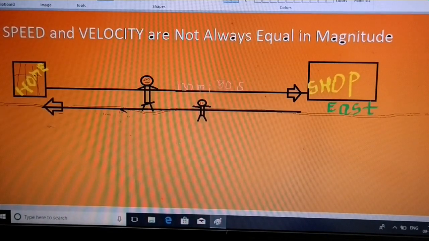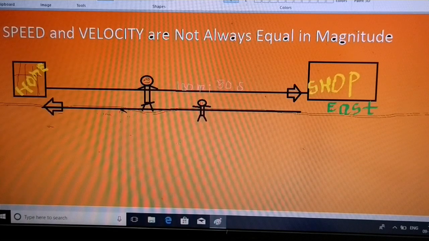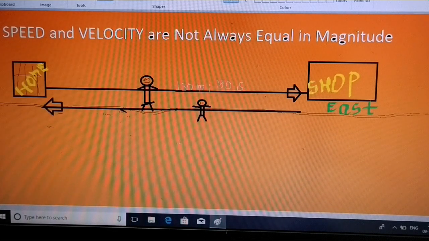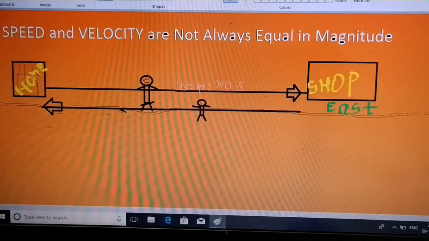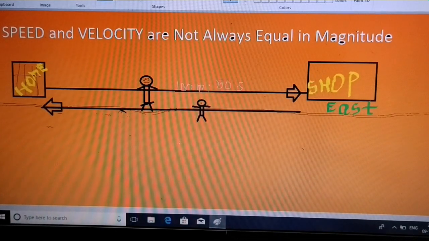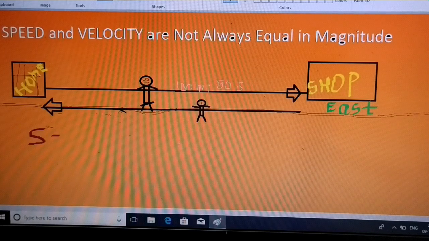In this case, total distance traveled is 100 meter plus 100 meter is equal to 200 meter, and total time is 50 second plus 50 second is 100 second.